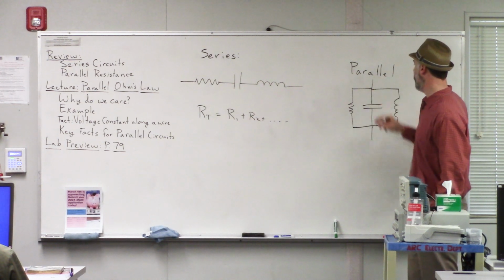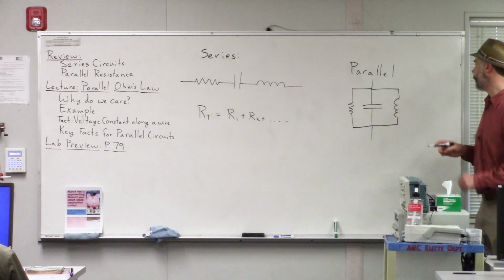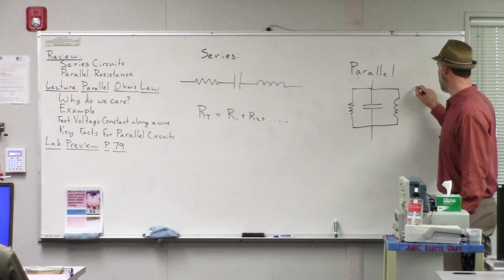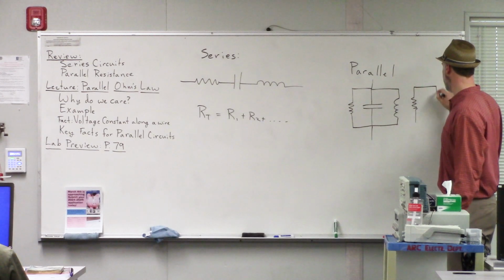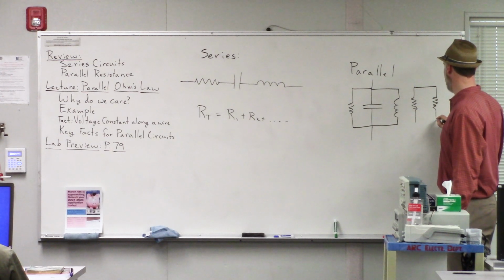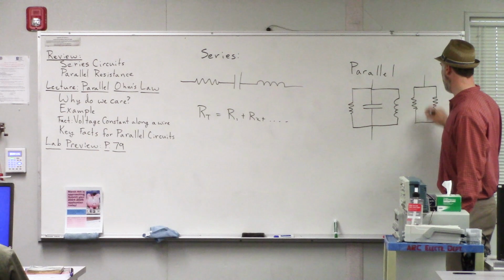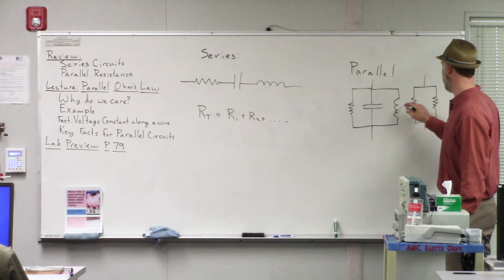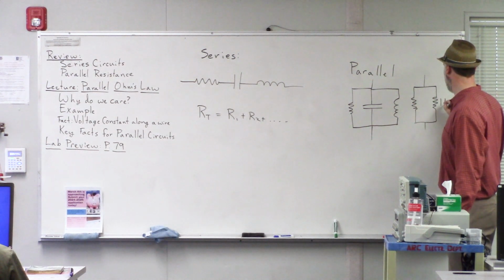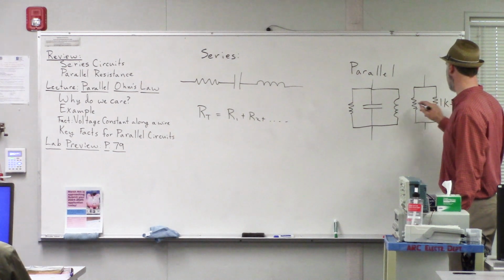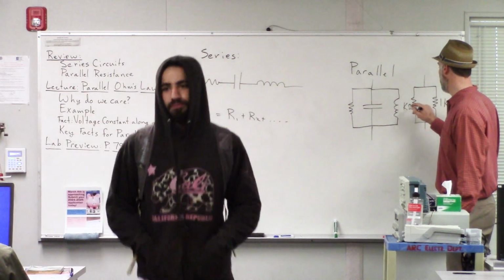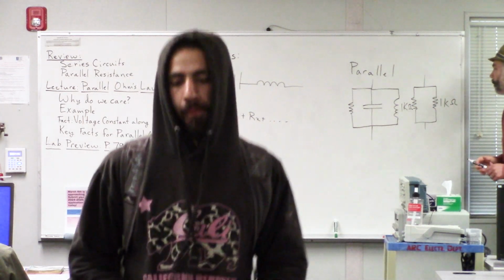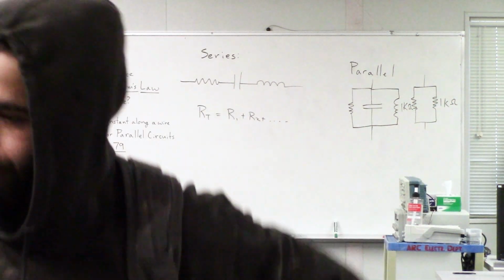And so if you had two resistors in parallel and they were the same resistance, we could use kind of a shortcut to figure those out, right? So say they were both 1 kilo ohm resistors. What shortcut could we use to figure out that parallel resistance?